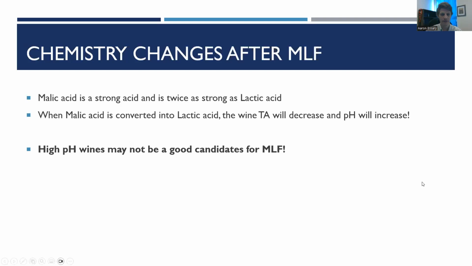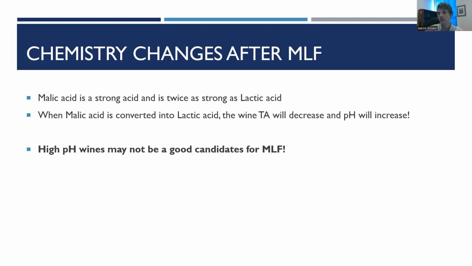So chemistry after MLF. And I think we have a few slides left. We're almost to the end, but malic acid is a strong acid that is twice as strong as lactic acid. If you want to dive heavier into the chemistry, when malic acid is converted into lactic acid, the wine TA usually decreases.